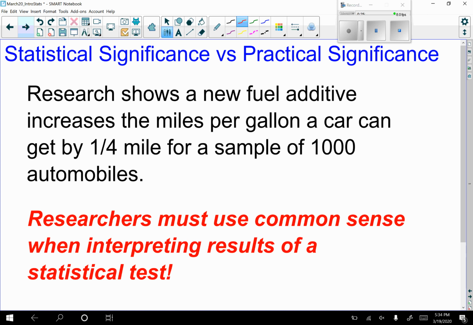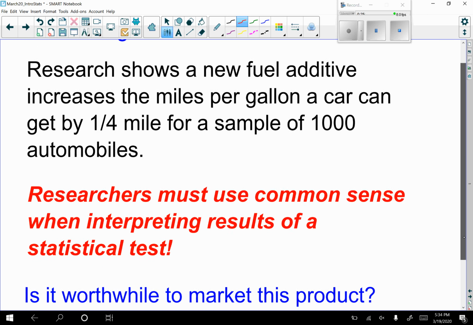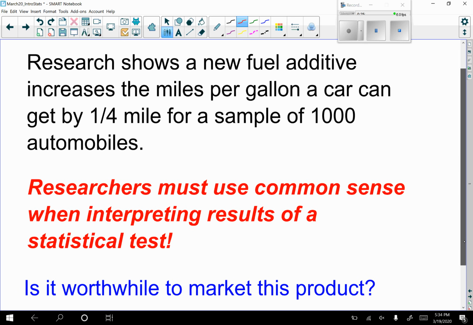So researchers must use common sense when interpreting results of their hypothesis test here. Is it worthwhile to market this product if it's only going to gain a little bit? So even though we're saying, yes, we could support this claim, is it going to be worthwhile in the long run? So these are just some things to look out for, to keep in mind.